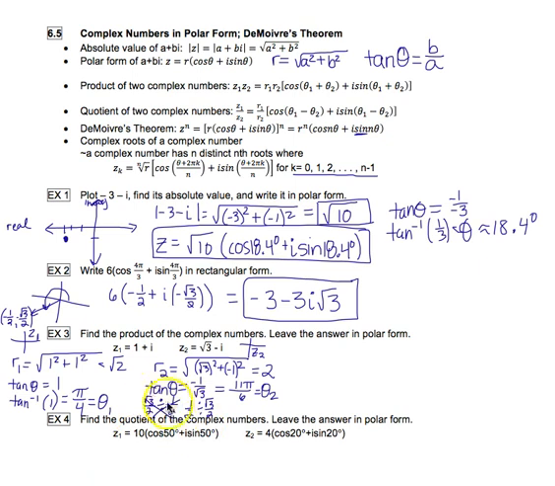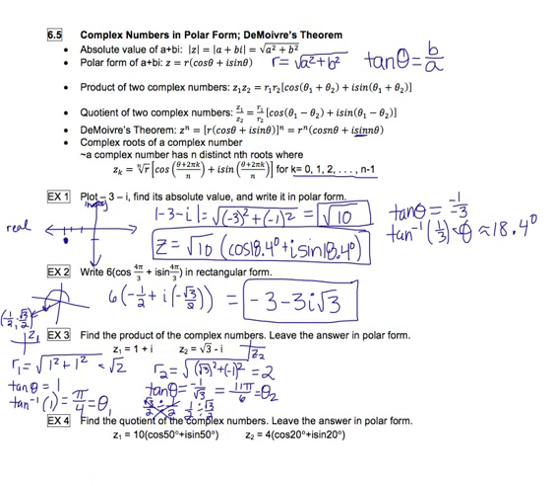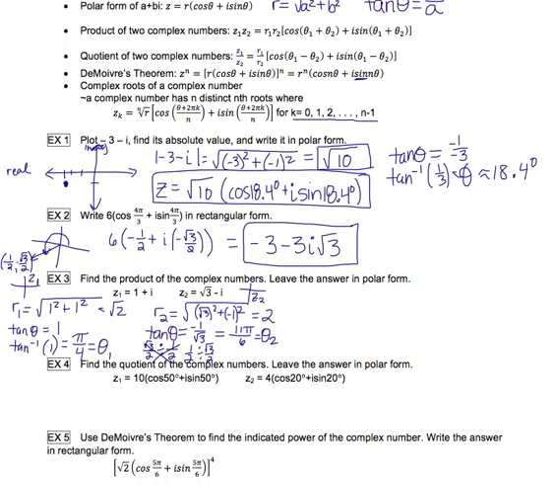All this work, and I haven't even used the formula yet. So luckily, not all of them are quite this complicated, but you can see why I said it really is one of the most difficult sections that we cover. So I have all the pieces now that I need because I need to do R1 times R2. So Z1 times Z2, which is what I'm trying to do, find the product.